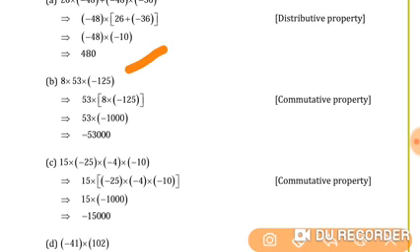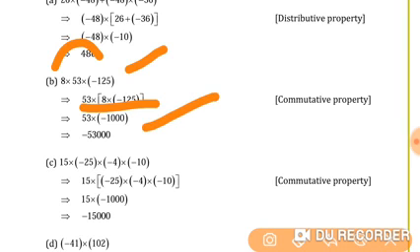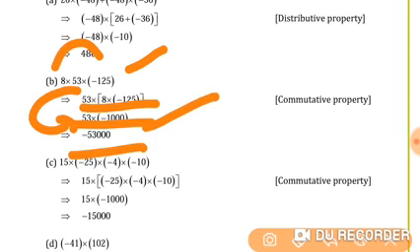For the convenience of multiplication, we have chosen 8 and 125 on one side. 8 into 125 is 1000, minus into plus is minus. 53 we have written as it is. 53 into 1000 gives minus 53,000. So we have applied the commutative property.